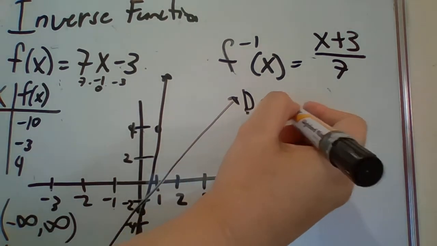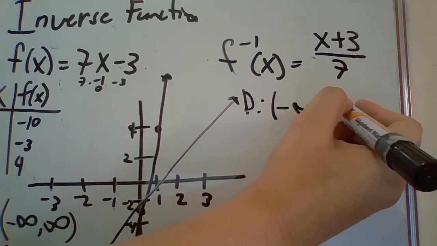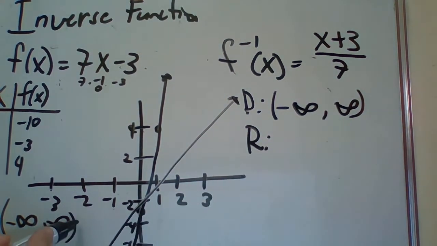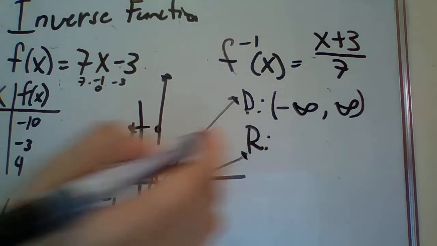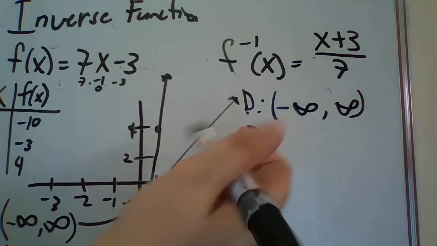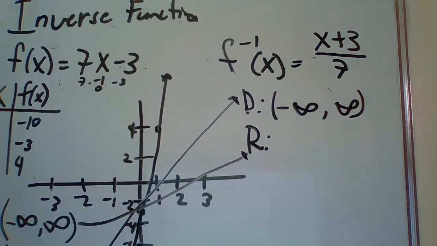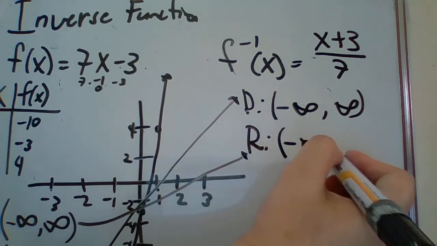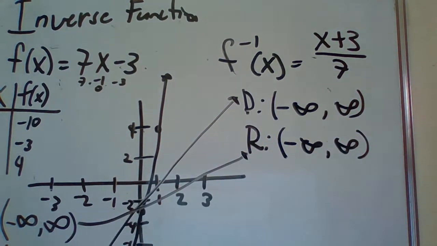So, magiging negative infinity to positive infinity. At ang range niya ay yung domain ni f of x. So, ang range ni f inverse of x ay, ganun din, negative infinity to positive infinity.